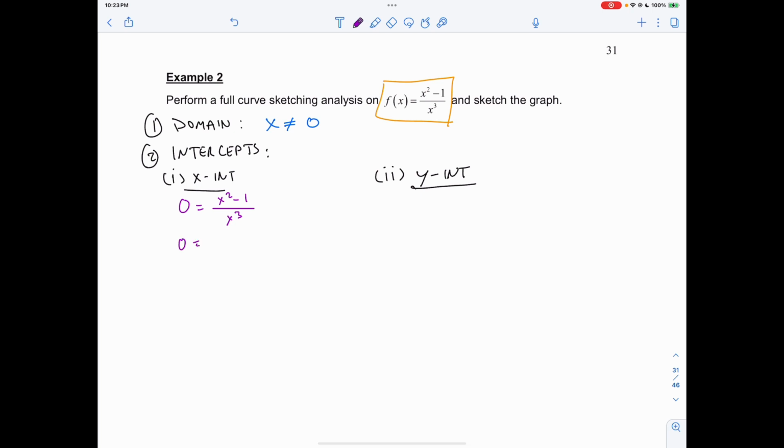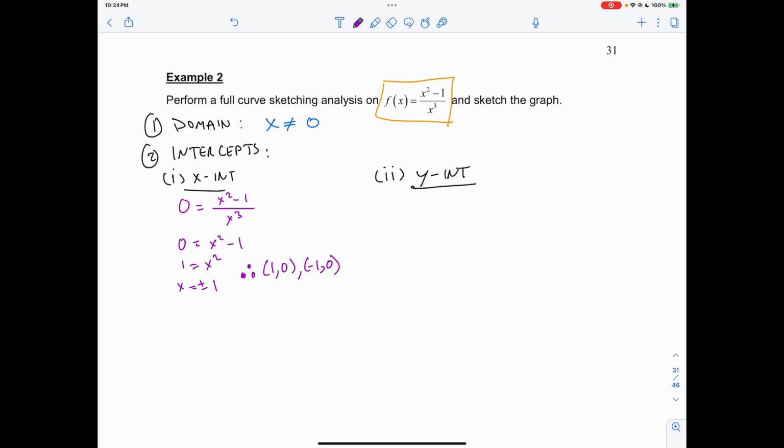So 0 is equal to x squared minus 1, which means that 1 is equal to x squared, which means that x is equal to positive or negative 1. I'm going to have x-intercepts at 1 and 0 and negative 1 and 0.